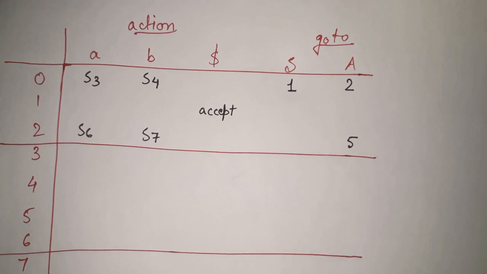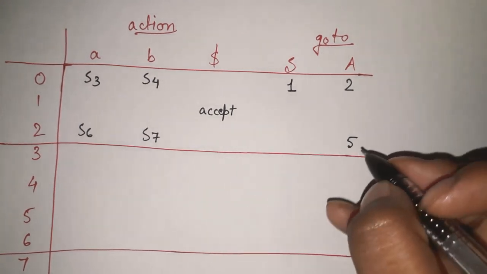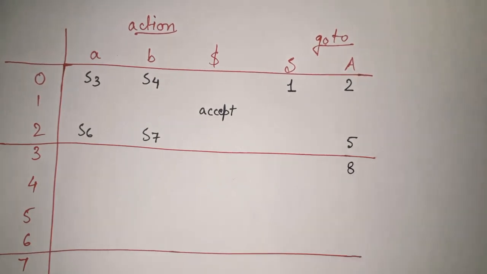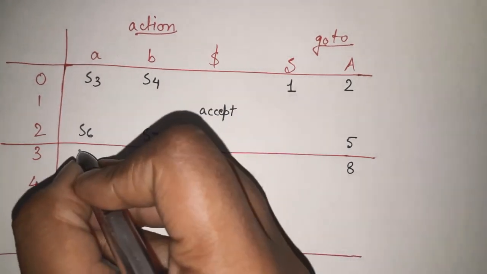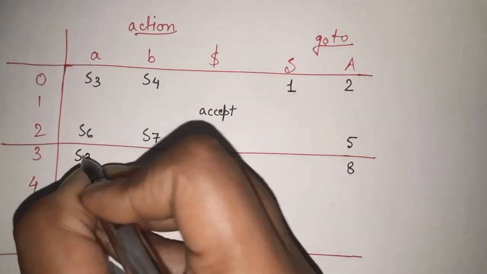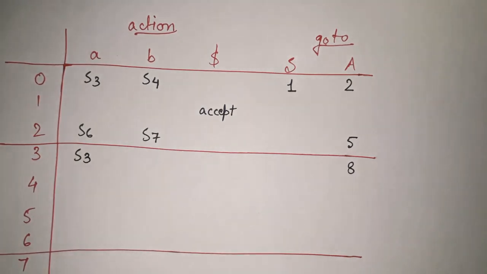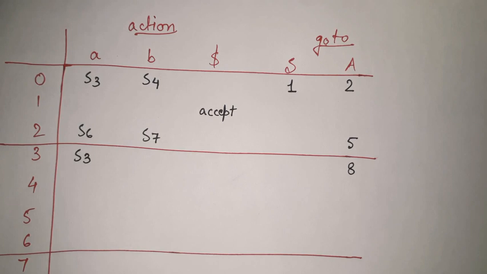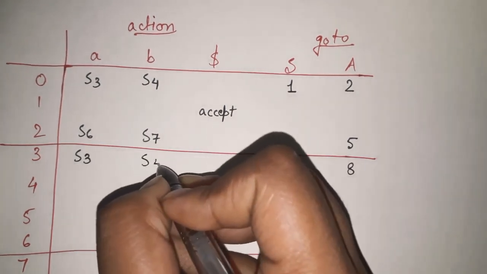From I3 on capital A 8. From I3 on small a to itself, that is S3. On small b we are going to 4.